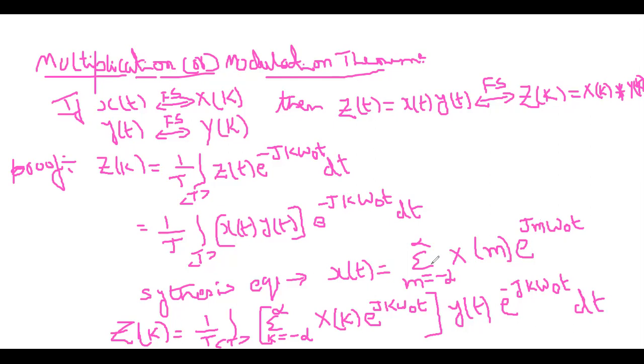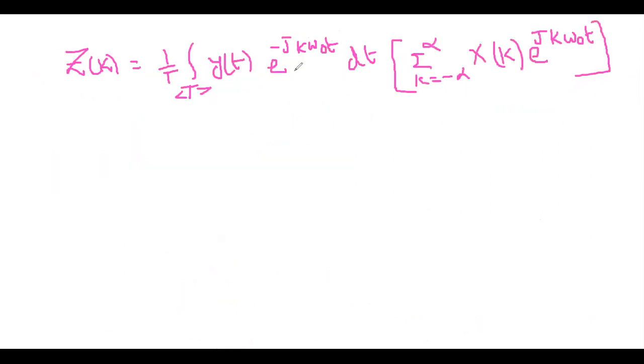Don't get confused, my dear students. Because you see the e power minus jk omega naught t and e power plus jk omega naught t, both the bases are the same. Powers you have to add. This one is a plus and this one is a minus, so it becomes e power 0. That value is 1.